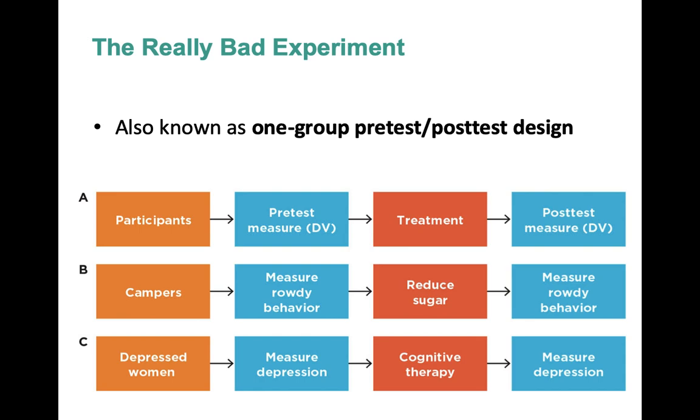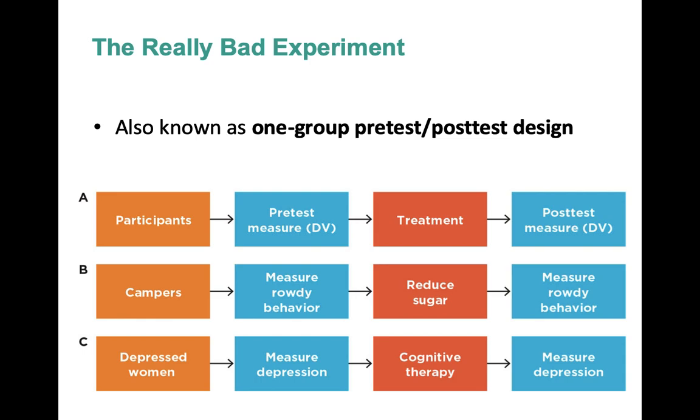So if we take our campers and we measure them at the start of the week, and then we take away all the sugar, and then we measure them at the end of the week, that would be an example of this design. And what we're going to see is, in that particular example, there could be reasons why the campers are less rowdy at the end of the week, and it would have nothing to do with the reduced sugar. There could be many other factors that are responsible for that decrease, but without a comparison, you would never know.